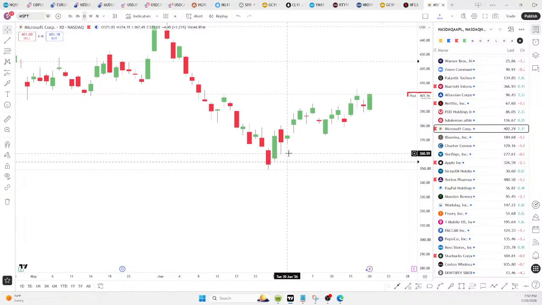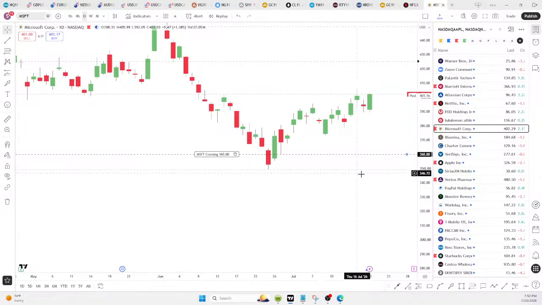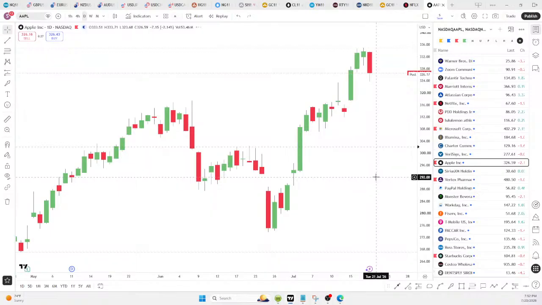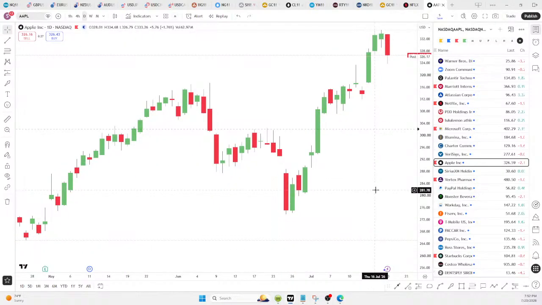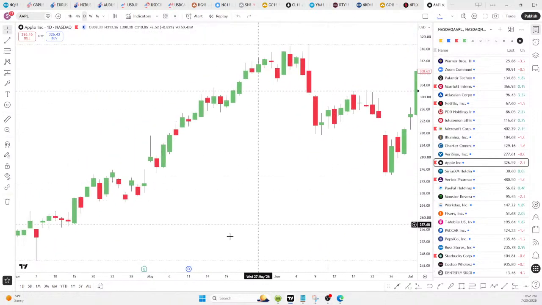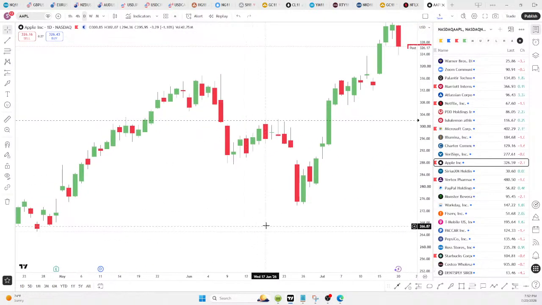Okay, this is Microsoft. This entry was a little up, but let me quickly share the one that worked exactly as I have seen. Okay, let's go to Apple. This is a pretty good structure too.